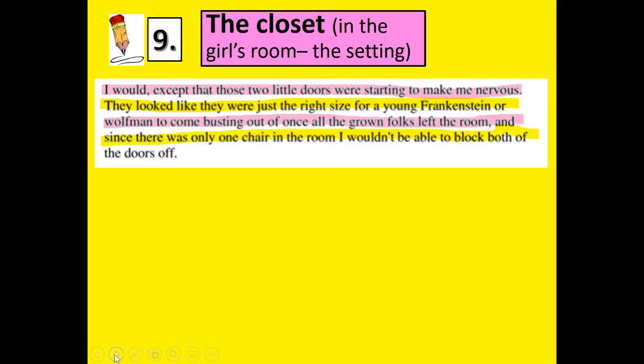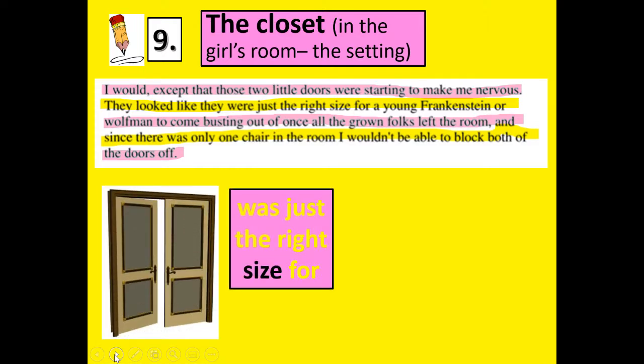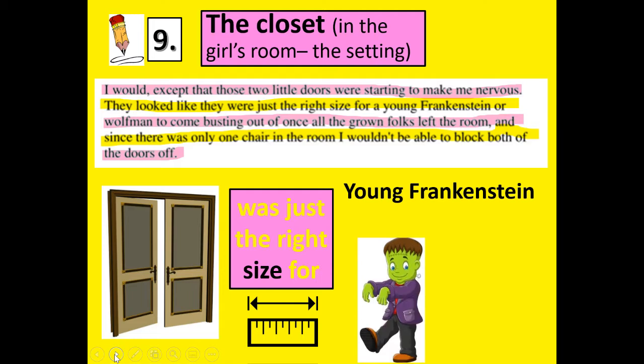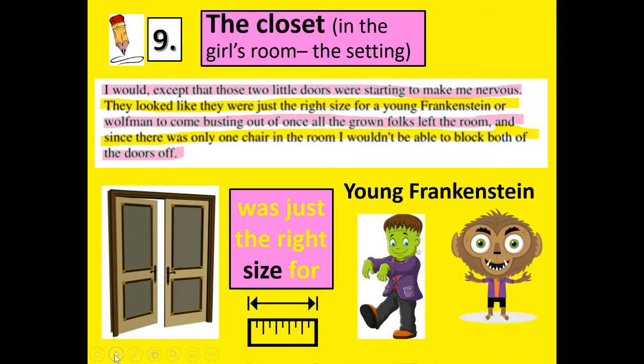And since there was only one chair in the room, I wouldn't be able to block both of the doors off." So he thought that the doors to the closet were just the right size for a young Frankenstein or Wolfman. So the closet was just the right size for a young Frankenstein or Wolfman.